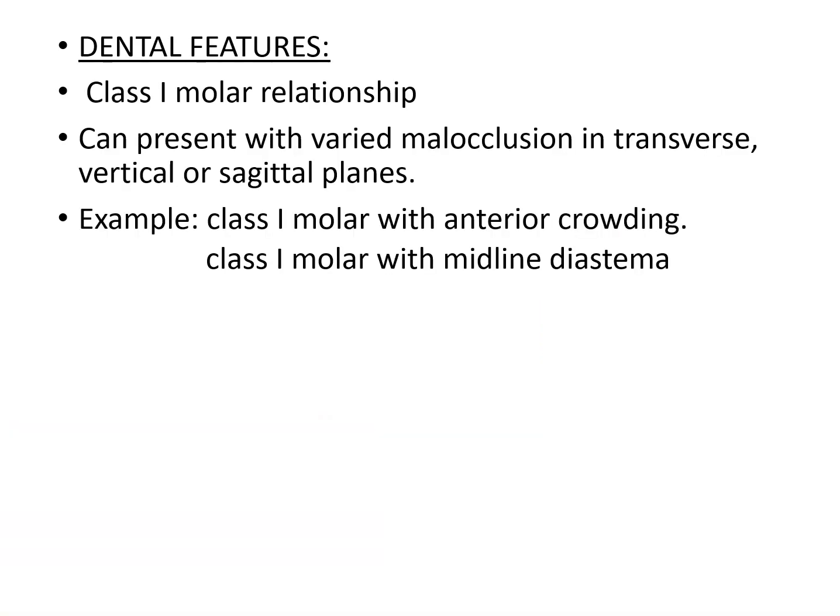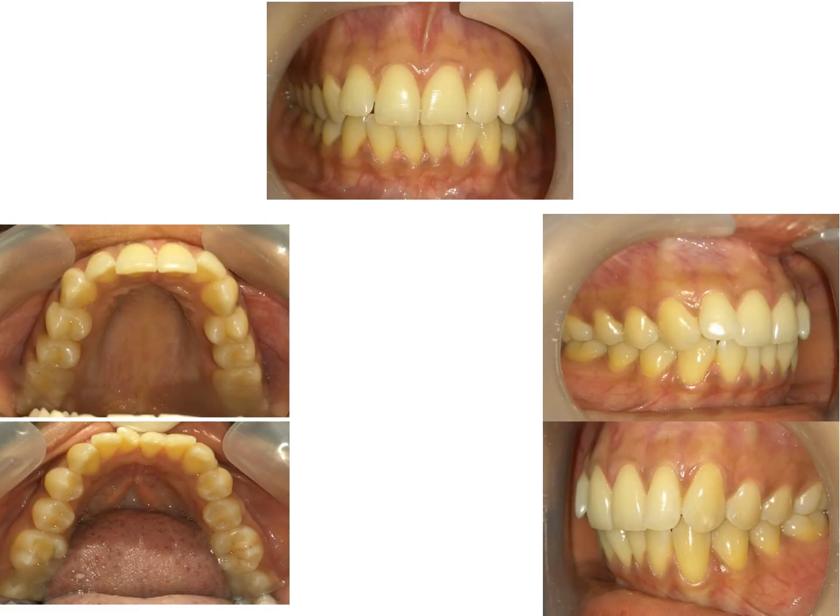Also, you will see that a class 1 molar has crowding, spacing, rotations, etc., or a transverse malocclusion. So in this picture, you will see a classic bimaxillary protrusion case, with some crowding over here, spacing.